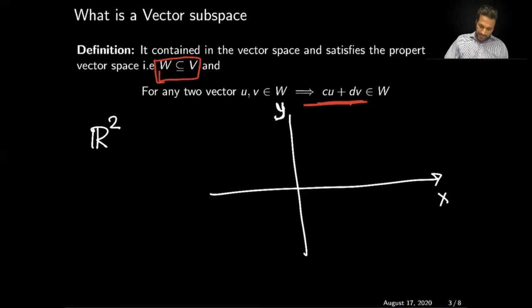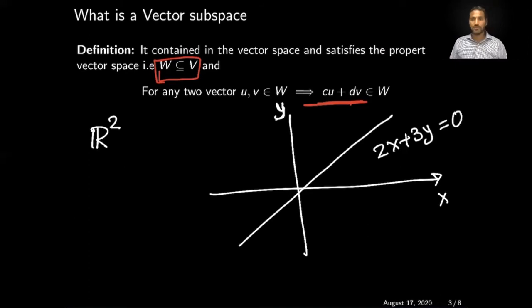So if I take a line, let's suppose 2x plus 3y is equal to 0, this will be a vector subspace because it lies inside that space, and it also satisfies the properties of a vector space.